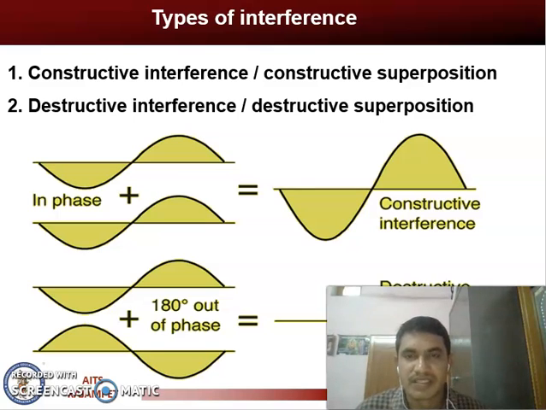In this figure, for example, of constructive interference, two waves are in the same phase, and we get the resultant wave due to the constructive superposition of these two waves. In another example, these two waves are out of phase, with a 180-degree phase difference, and we get destructive interference.